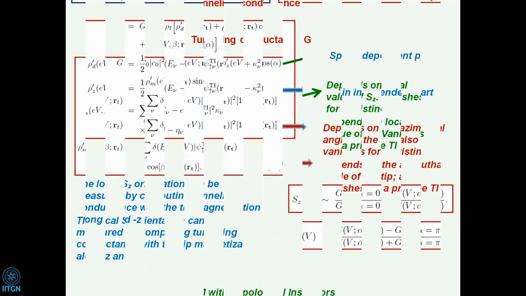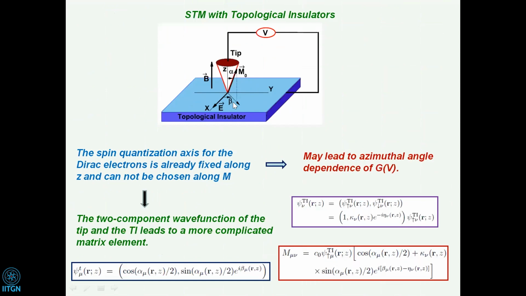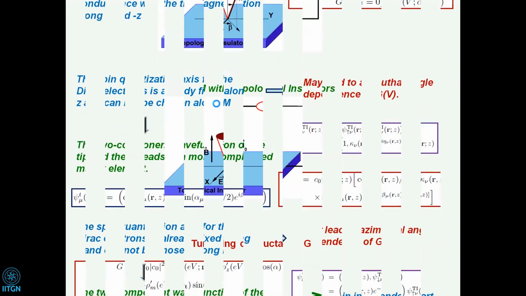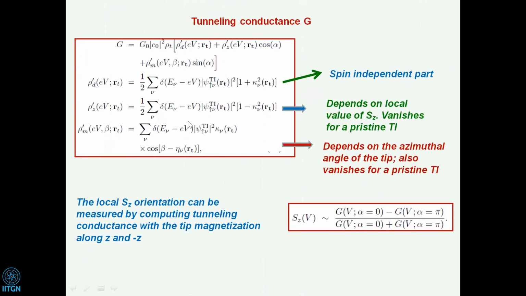However, the point is that now, because your spin quantization axis is no longer determined by the direction of magnetization of the tip, you can have an azimuthal angle dependence in the conductance. Okay? And that azimuthal angle dependence depends on cos of beta minus mu, that is the difference in azimuthal angle distribution of the tip and the sample.